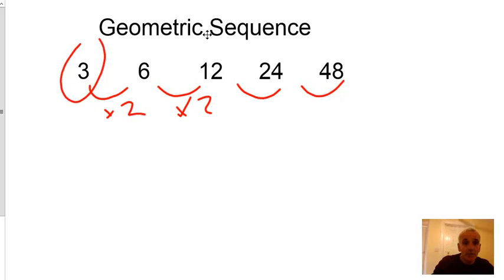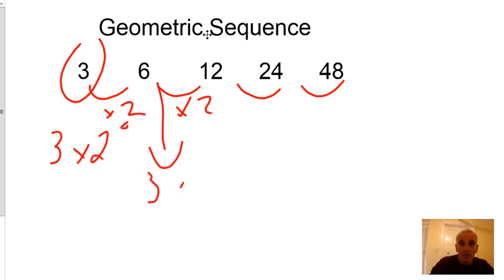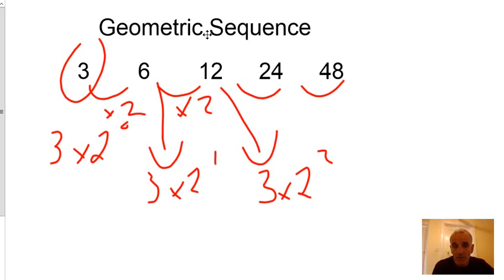So what do we have? We have 3 multiplied by 2 to the power of 0. Our next term is 3 multiplied by 2 to the 1. Our next term is 3 multiplied by 2 to the power of 2, and so on. The difference with this one really is just the 3.